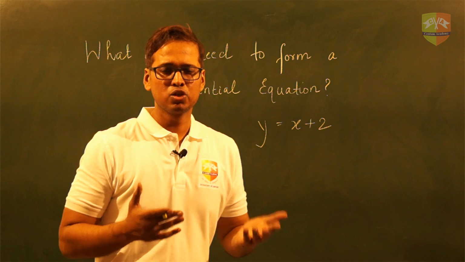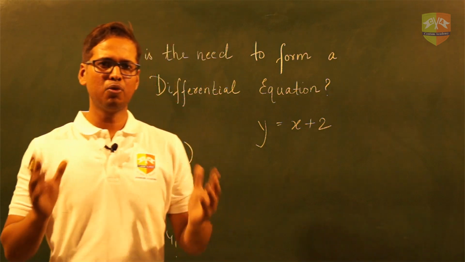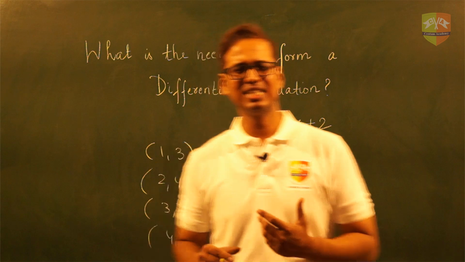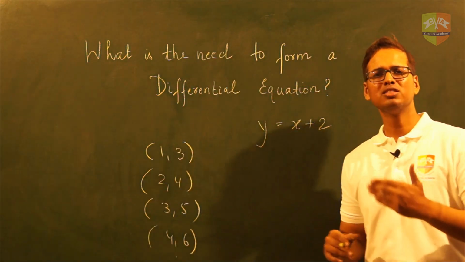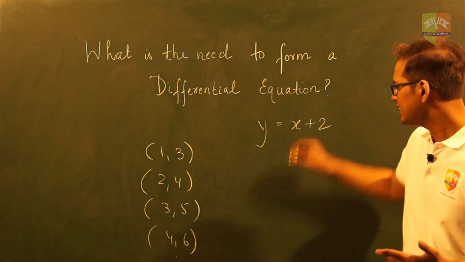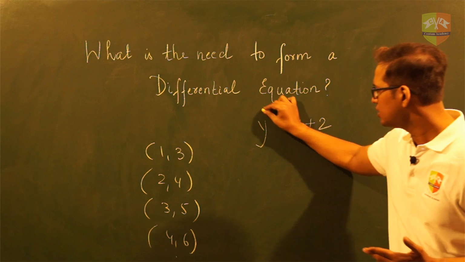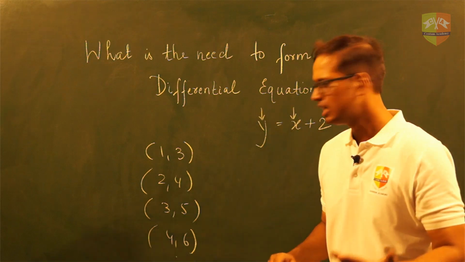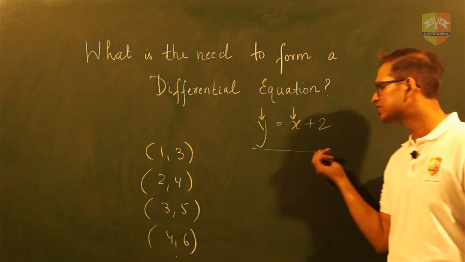So instead of writing these points one by one, we can actually say that I am treading on such a path where the x coordinate and the y coordinate of the points on which I am walking are related to each other by this relation.